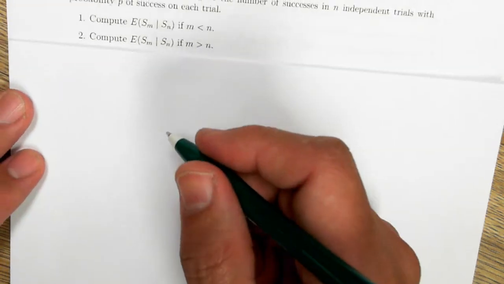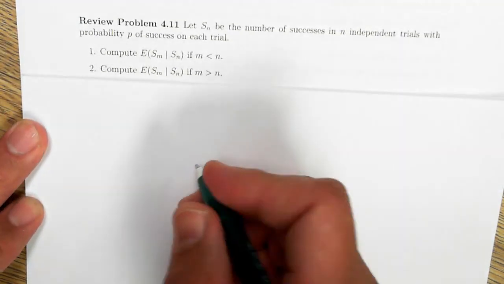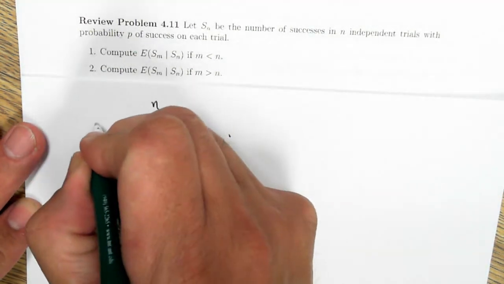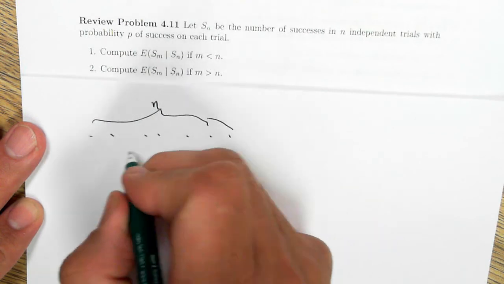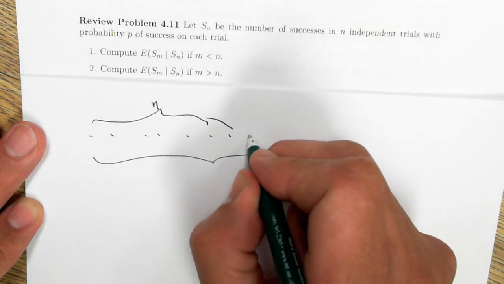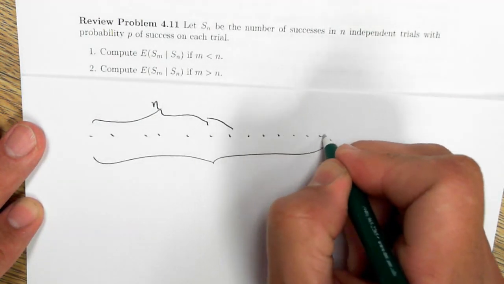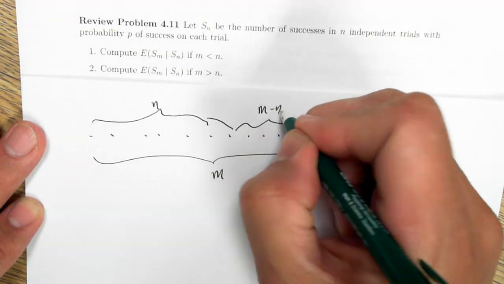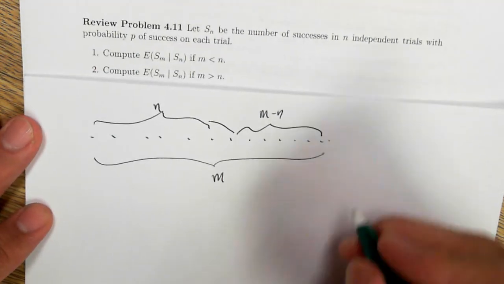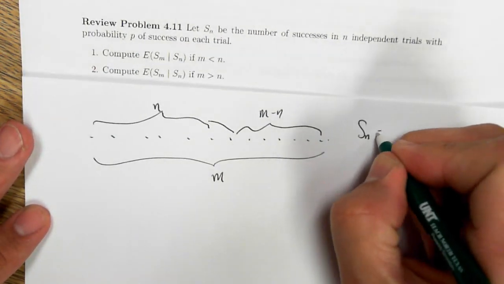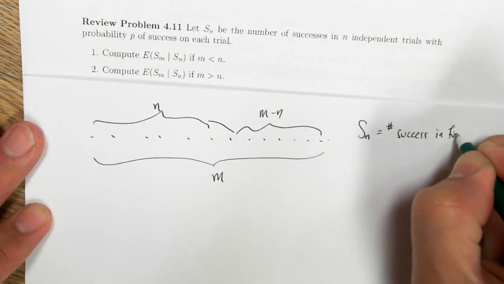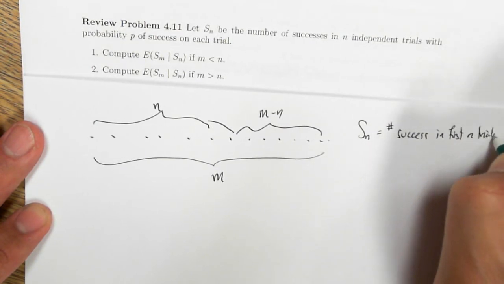Let's now take a look at problem number 2. Actually, problem number 2 is significantly easier than problem number 1. This time I have n trials, and I have an additional number of trials over here. So there are m trials in total, and m minus n trials extra. Once again, S sub n is the number of successes in the first n trials.